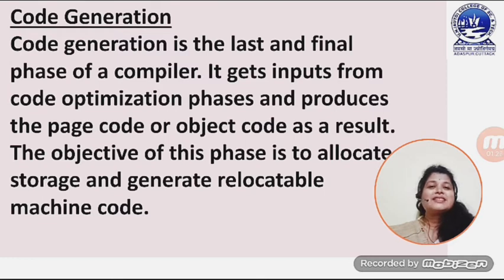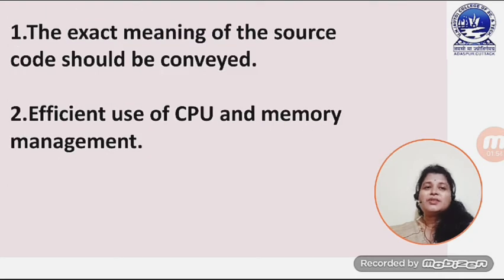Now we will discuss the last phase of compilation, that is code generation. It is the final phase of the compiler. It takes input from the code optimization phase. Actually, the code optimization phase generates the output, which is passed to this phase as input. This phase is responsible for converting that input to machine code or machine understandable code.